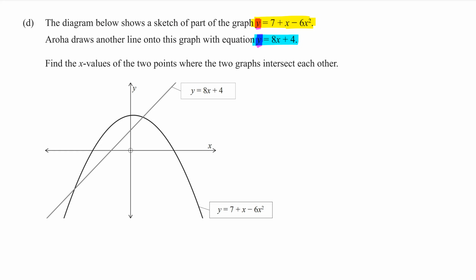Notice how it says y equals this and y equals that. So that means we can just say 7 plus x minus 6x squared equals 8x plus 4. Because when the y values are the same, we want to figure out what the x values are.